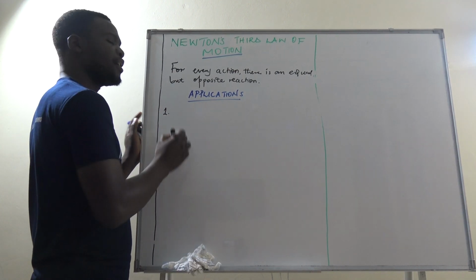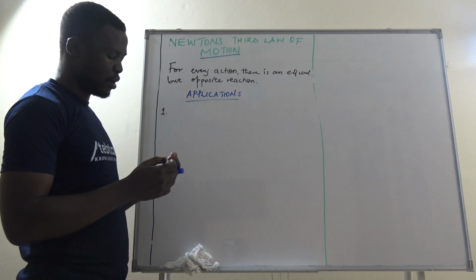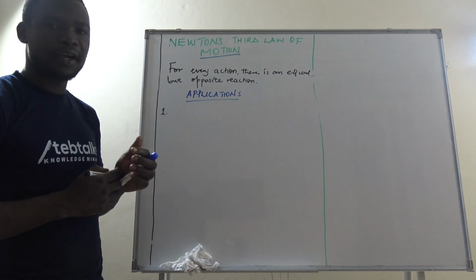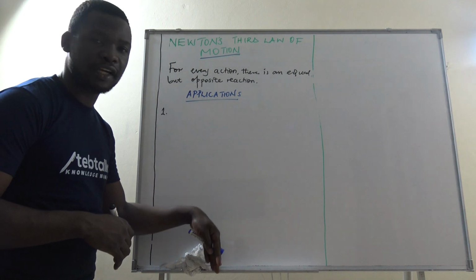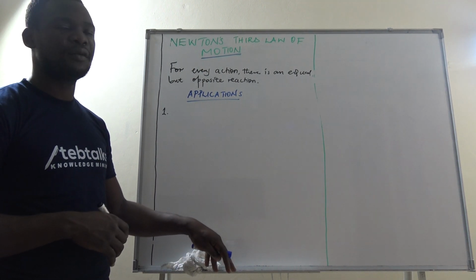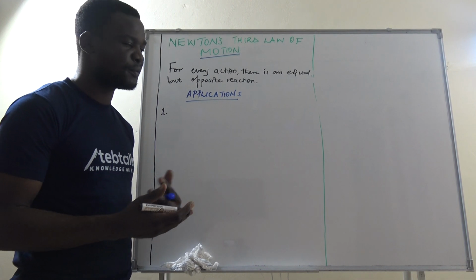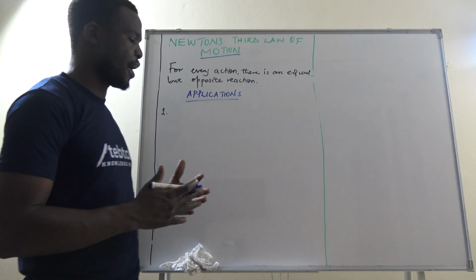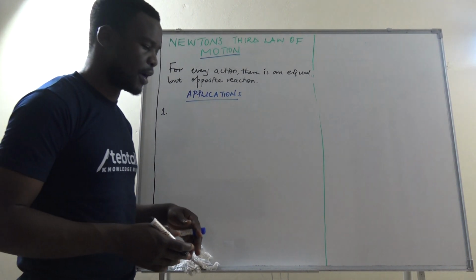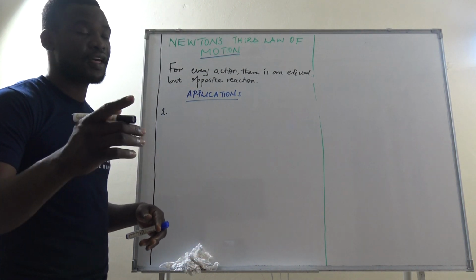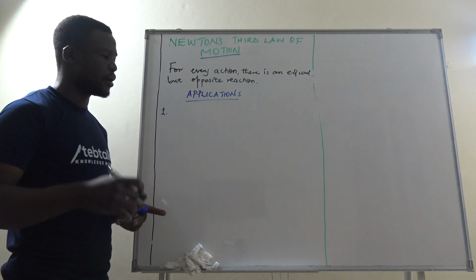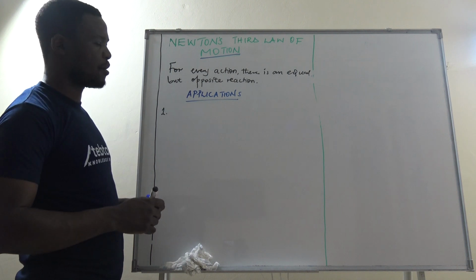Scenario number one is that when you're walking, you exert a force on the ground, and the ground exerts the similar force to you, and that helps you to move forward. Otherwise, if you stand on the ground and it doesn't exert any force, then you can't move. That is application number one.